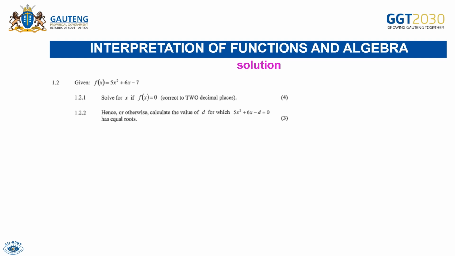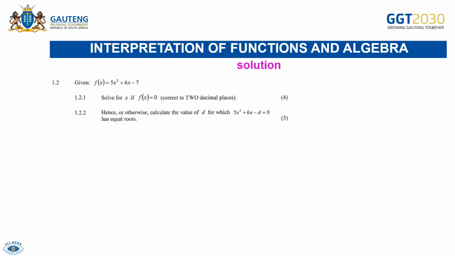And then 1.2.1, solve for x if f of x equals 0, correct to 2 decimal places. So that one, you just equate your f of x to 0, then you solve for x. And then 1.2.2, it says hence or otherwise, calculate the value of d for which f of x squared plus 6x minus d equals 0 has equal roots.